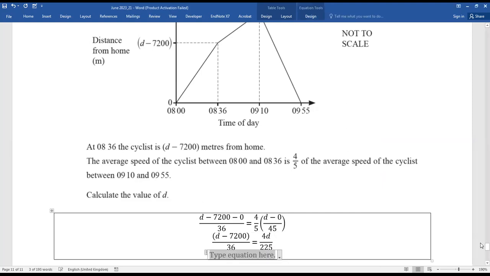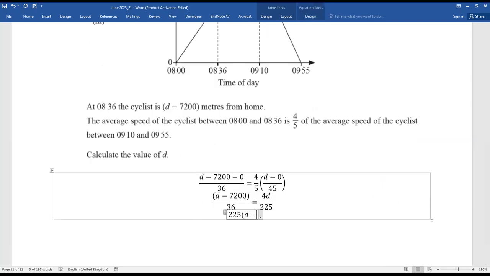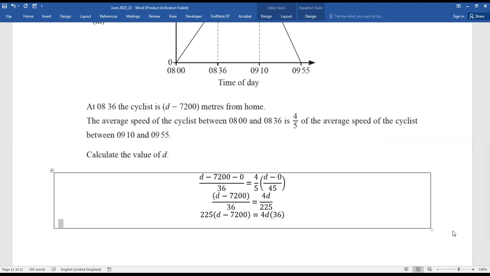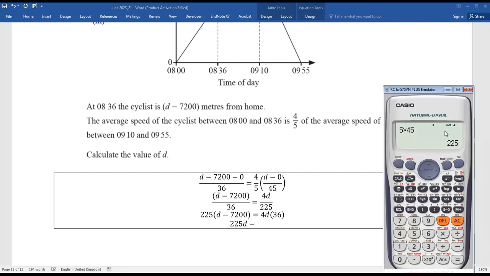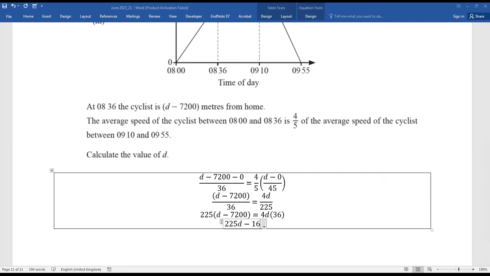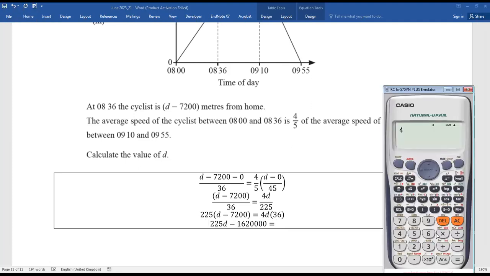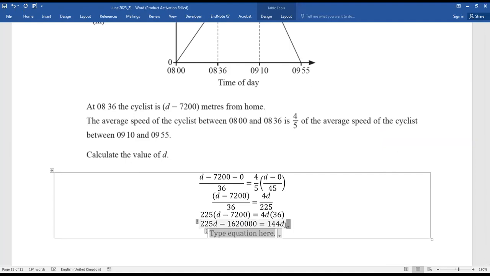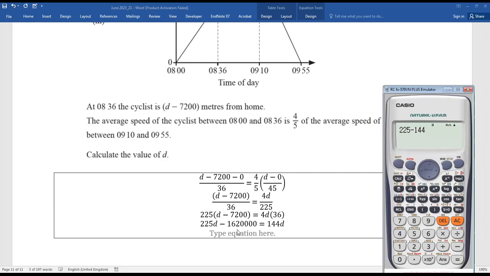Now let's just cross multiply. 225 times d minus 7,200 is equal to 4d into 36. 225d minus 225 times 7200, which is 162 followed by 4 zeros, is equal to 4 into 36, which is 144d. So 225 minus 144 is 81.